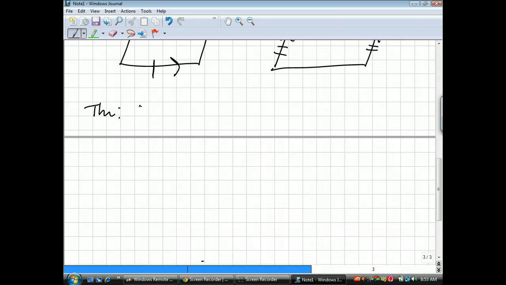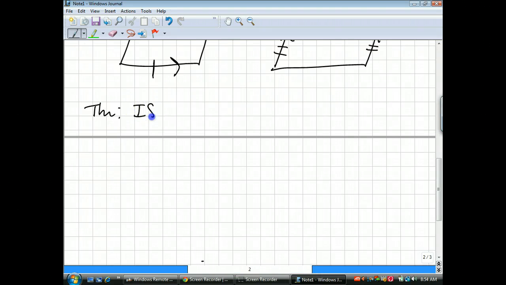Remember the theorem yesterday, if a quadrilateral is a parallelogram, then both pairs of opposite angles are congruent. So now to prove that a quadrilateral is a parallelogram, we can use the converse.